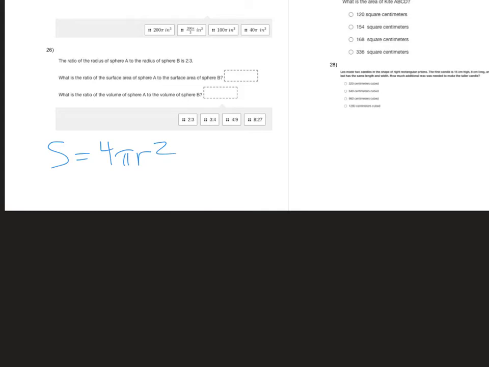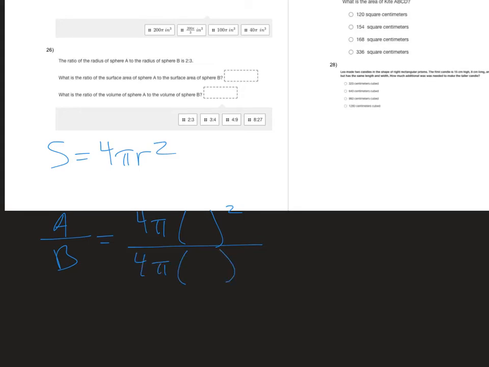We want the ratio of A to B. So A over B is going to be 4 pi times whatever the radius of A is squared over whatever the radius of B is squared.